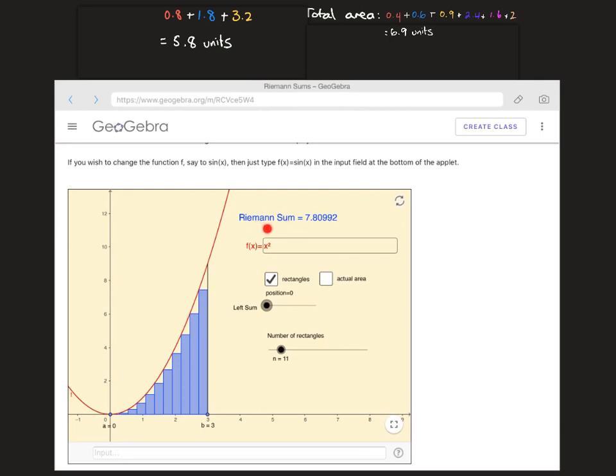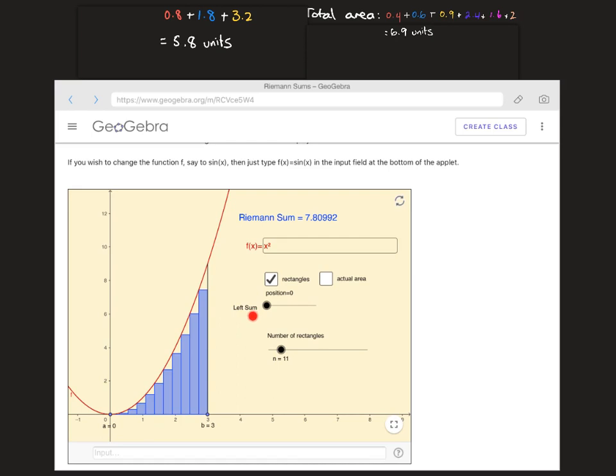You can see it's here. And what I've got here is a curve y equals x squared, so there's our curve here. I've turned our rectangles on. The other thing I want to turn on is the actual area. So you can see that the actual area under the curve here is 9, and I have the rectangles set as being the left-hand rectangles.